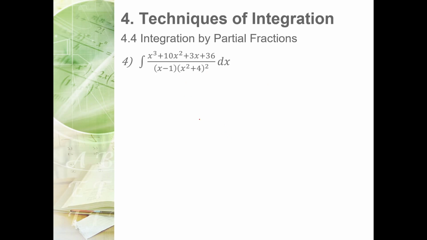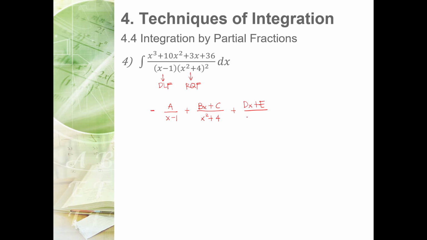For number 4, you're going to have a distinct linear factor, and the other one is a repeated quadratic factor. In terms of its partial decomposition, this would become a over x minus 1, then plus bx plus c, all over x squared plus 4, and then dx plus e.